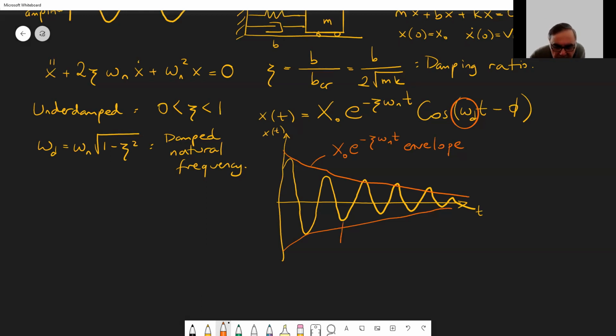Now, here the period, excuse my poor drawing, but this is the period supposedly. This is the damped period. Td is equal to 2 pi over omega d, in seconds.